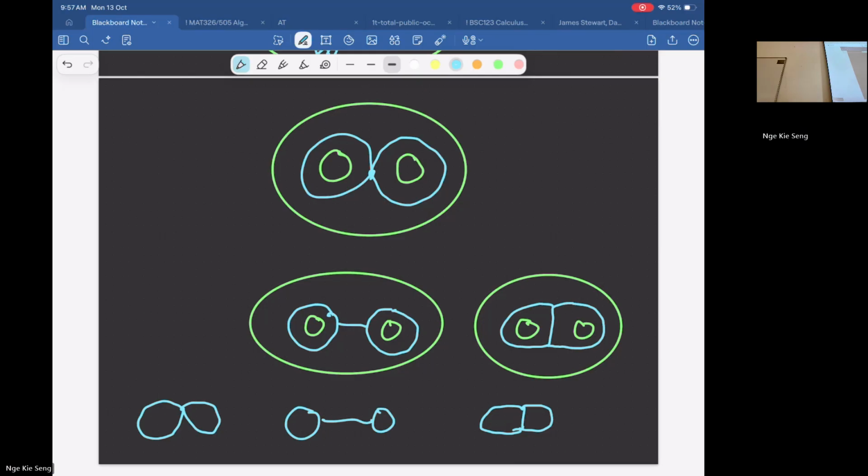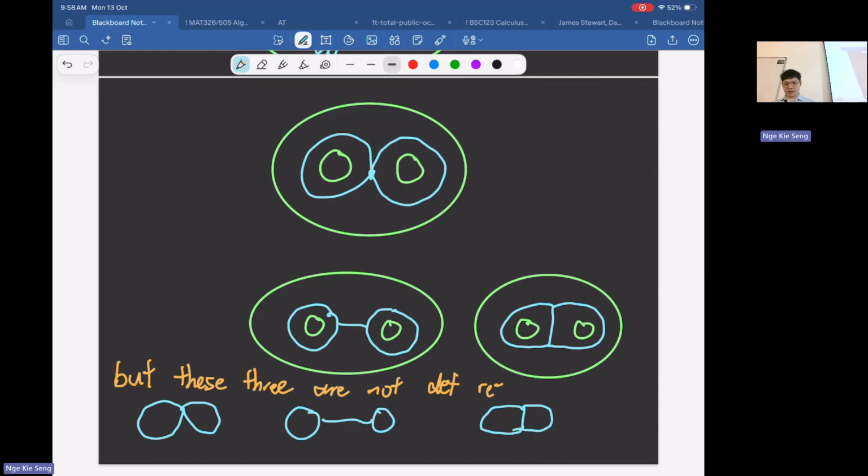So they come from the same place, but they are all different, different in the sense of deformation retract. Maybe you can define another sense; maybe they are the same, but for the moment, these three are not deformation retracts of each other.